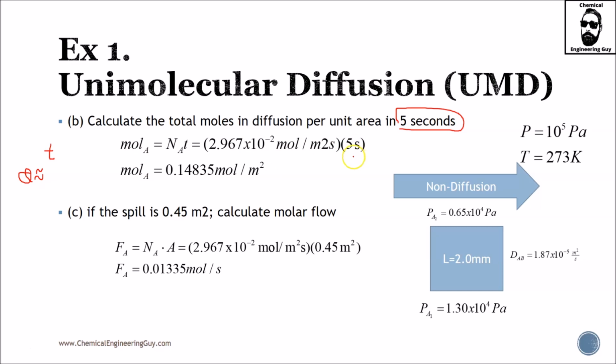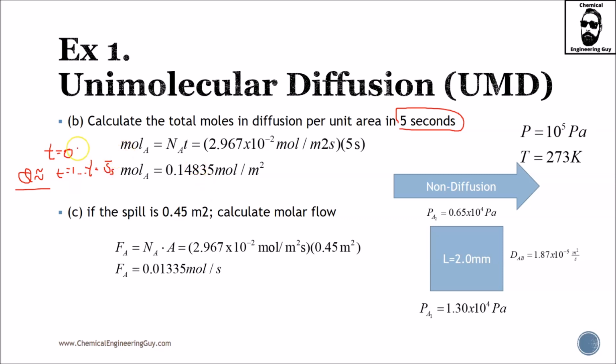I cannot assume that as time passes by, nothing happens. I know that as time passes by, oxygen will diffuse completely. But for now, I'm just going to assume that the diffusion is constant, from time equals 0, time equals 1, all the way to time equals 5 seconds.